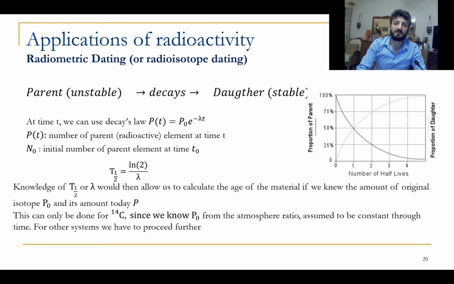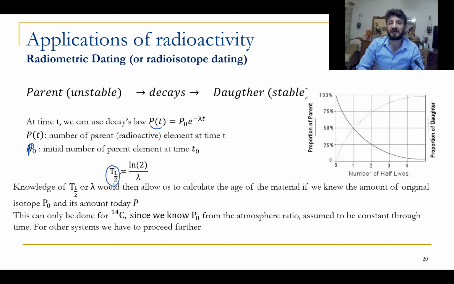At a time t, as we have a decay, we can apply the principle of the decay law: P(t) equals P0 times exponential minus lambda t. P(t) is the number of parent radioactive elements at a time t, and P0 is the initial number of parent elements at a time t0.